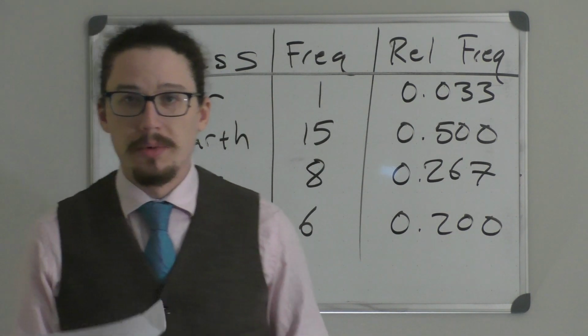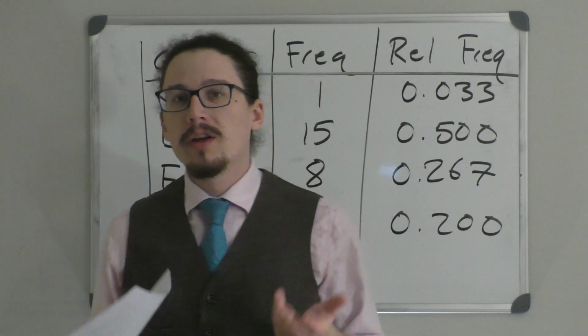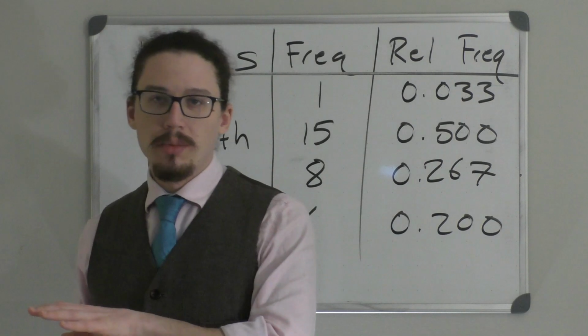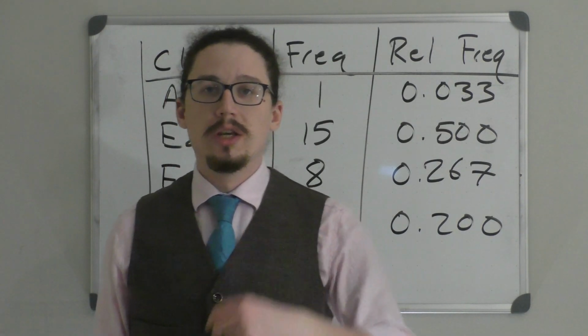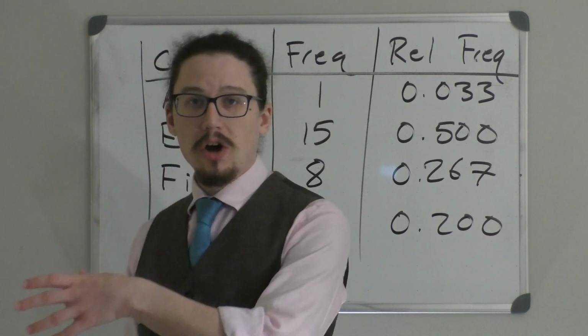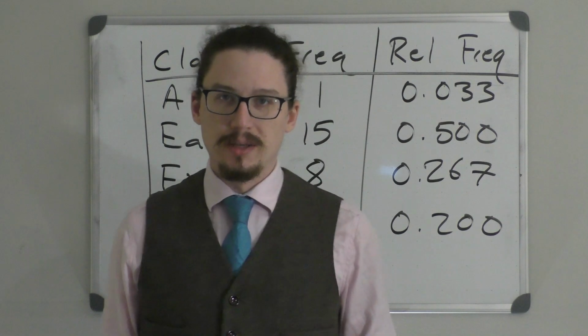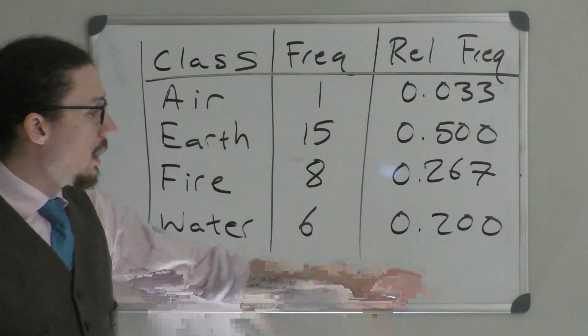If they add up to the total number of observations, in this case 30, then we can be fairly confident that we did it correctly. If we get something above or below the total, we did something wrong and need to go back and check our work, because if it's over, then we double counted some things. If it's under, we missed some things. So it's a simple way to double check our work.